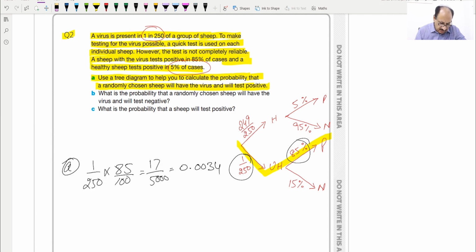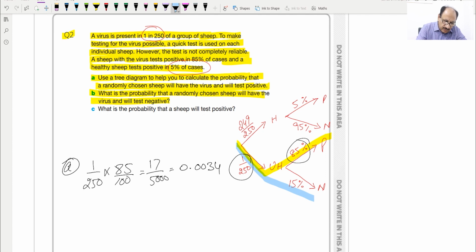Now A part is done. We can go through B part, and B part says what's the probability that a randomly chosen sheep will have the virus and will test negative. Will have virus and test negative will be the second option, which we can take this and this.